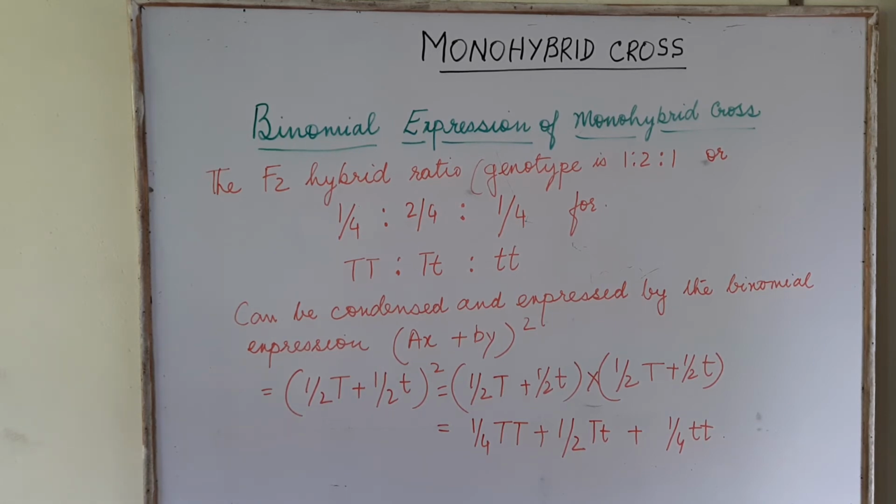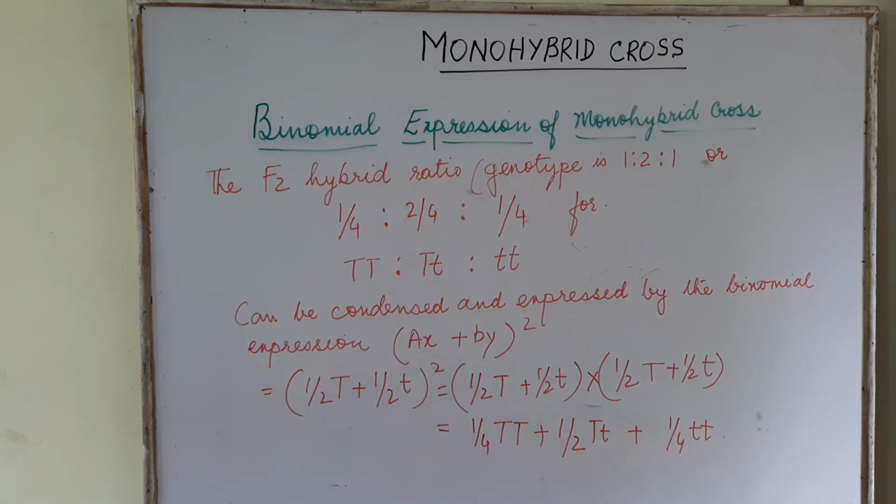Now let us see the binomial expression of the monohybrid cross. The F2 genotypic ratio is 1:2:1, or we can say 1/4:2/4:1/4 for the alleles capital T capital T, capital T small t, and small t small t. Now this can be condensed and expressed by the binomial expression (ax + by) whole squared.